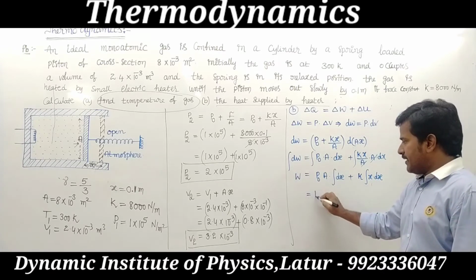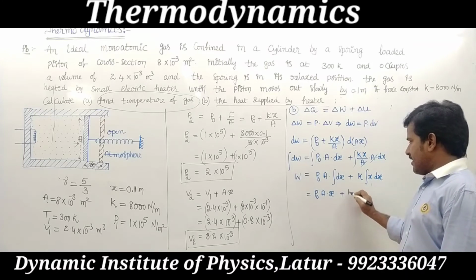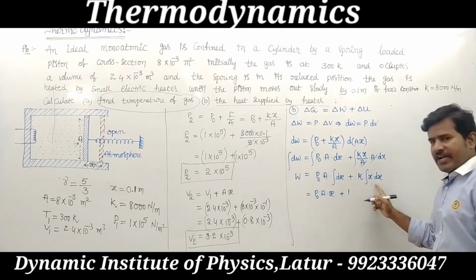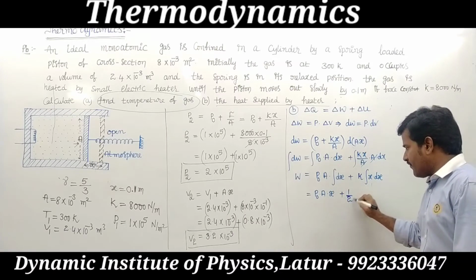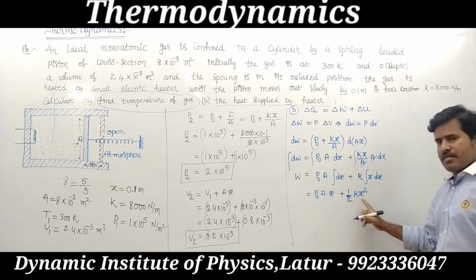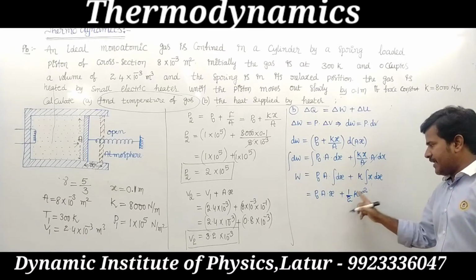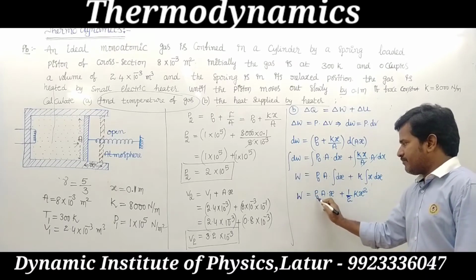Its value becomes P naught into A into x plus K into integration of x dx. The integration of x dx is written as half kx square, the work done on the spring.